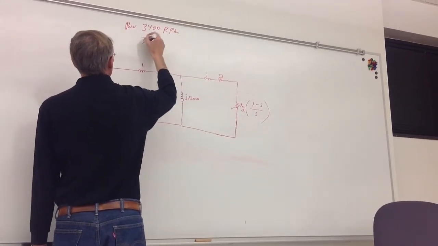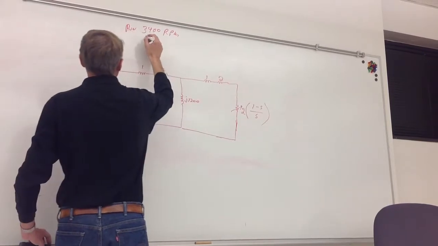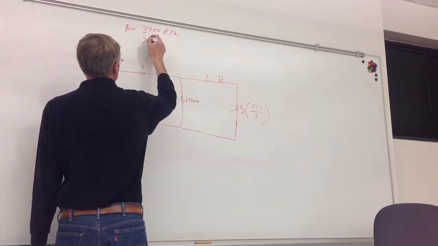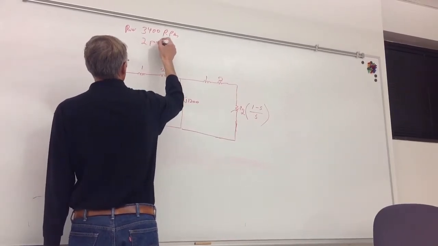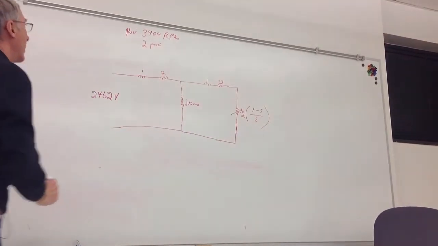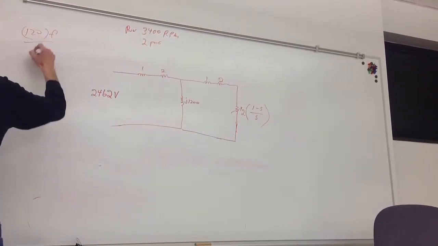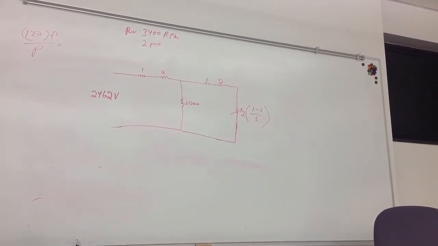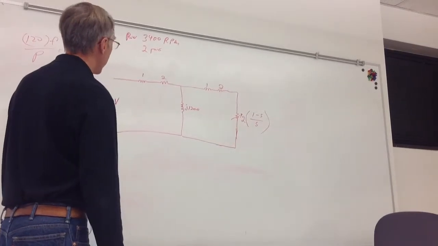It's a two-pole machine. What's the equation for synchronous speed? 120 times F over P, with 60 hertz over the number of poles, gives my synchronous speed, which would be 3600 RPM.